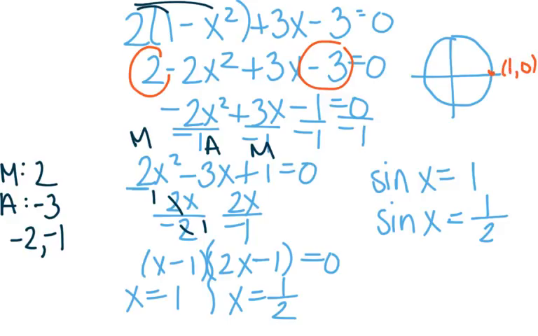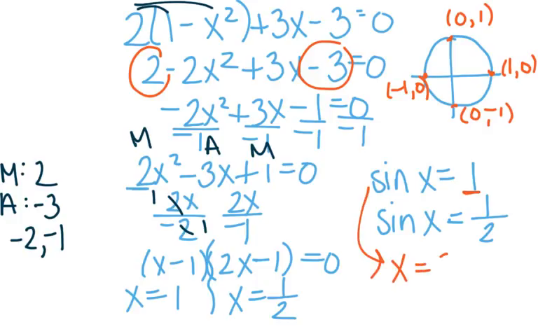It's kind of hard to see, sorry. This is my 0, 1, my negative 1, 0, and my 0, negative 1. Those are helpful for me to have memorized, or at least to be able to visualize, because now it's easy for me to look at it and say, oh, I can see where sine is 1. Sine corresponds to the y value, so this one is true when x is 90 degrees, because that's where my y value is 1.